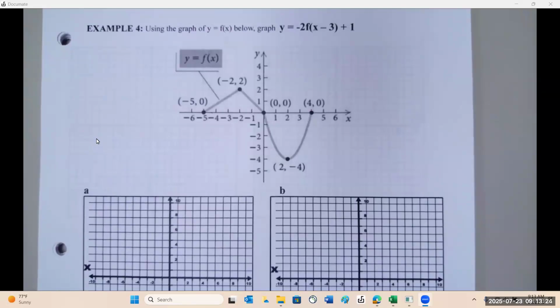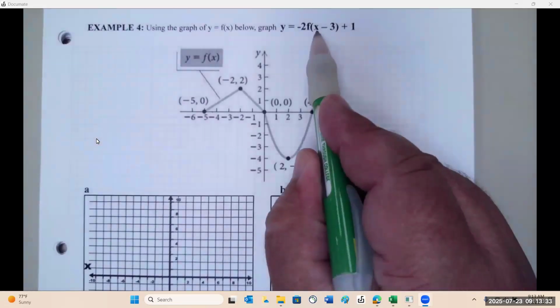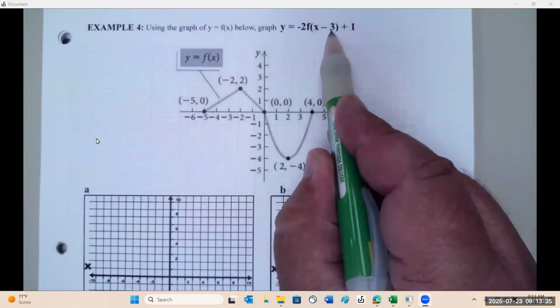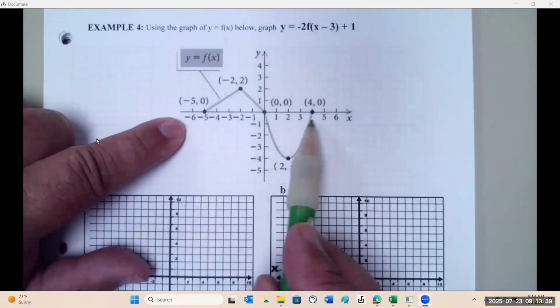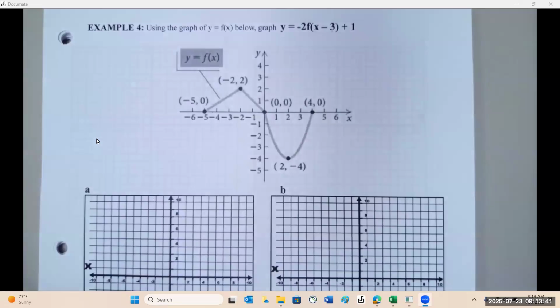Is there a horizontal shift? Where? How many spaces? It's to the right 3 spaces. So each one of these dots, we move to the right 3 spaces.